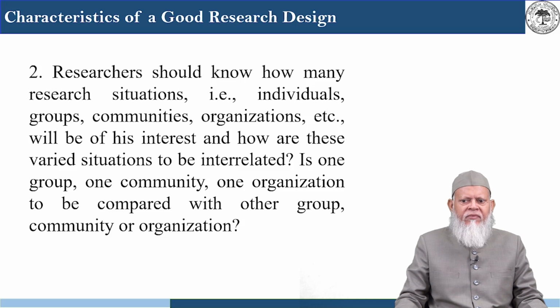So we have to study them, and the design must very clearly spell out how. A good research design has to clearly make a plan about how this study would be done.